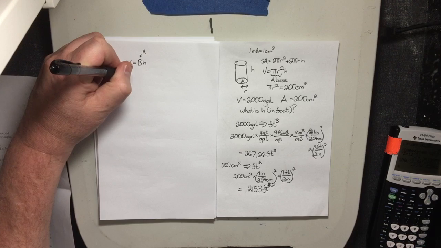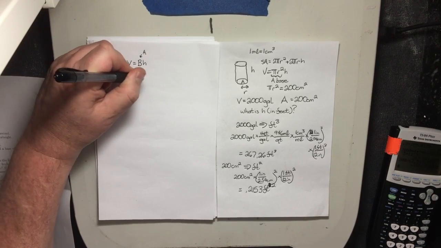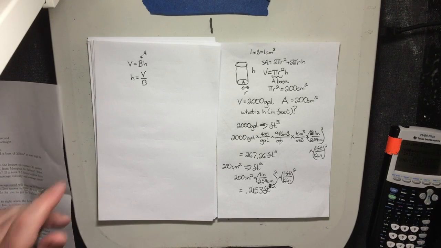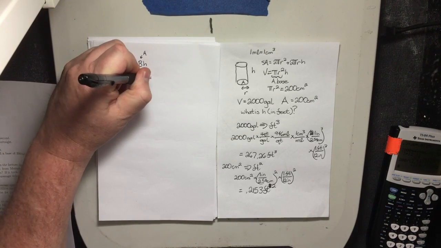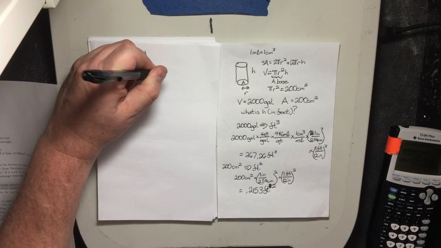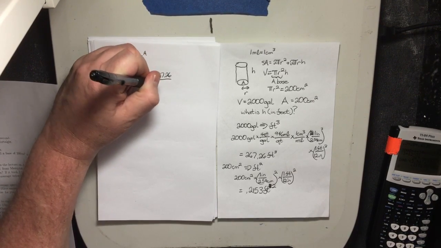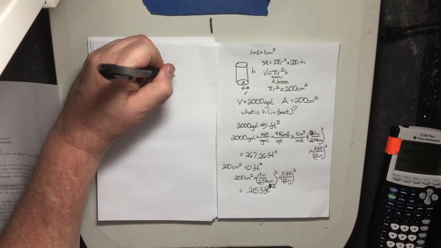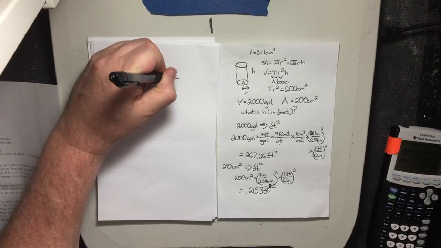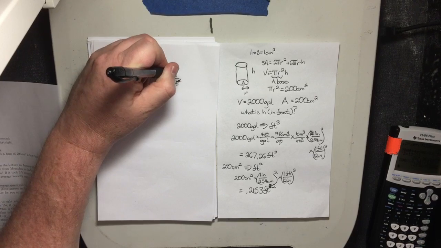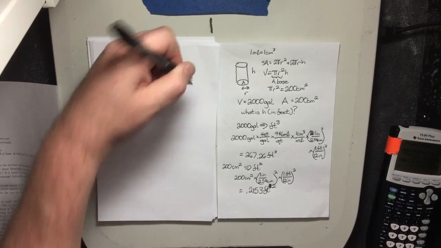So height is volume divided by base. So what you do is you take 267.26 divided by 0.2153. Feet cubed, feet squared, they cancel and you're left with just feet.